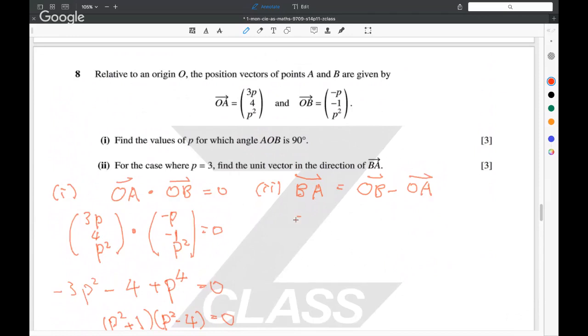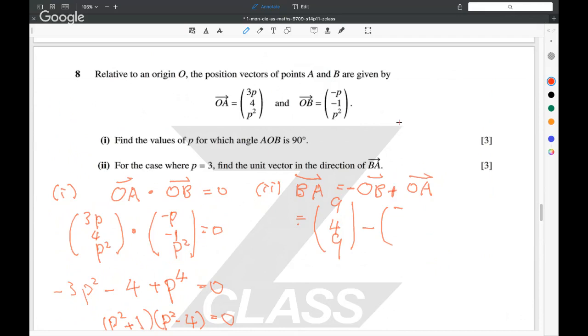By substituting the value of p as 3, we get 9, 4, 9 minus... sorry, I made a mistake here. It should be OA minus OB.